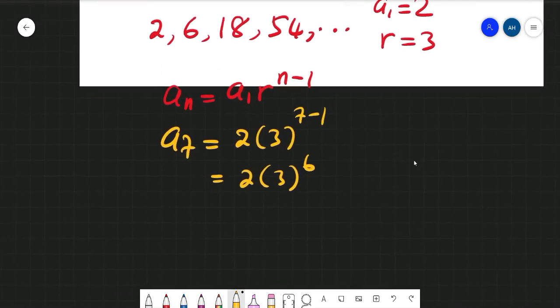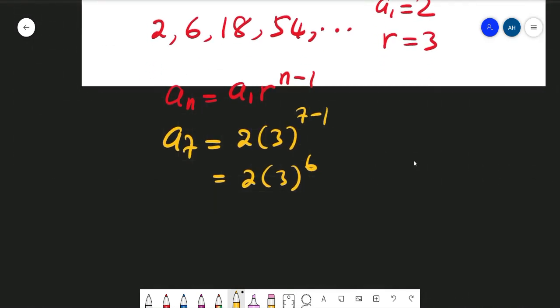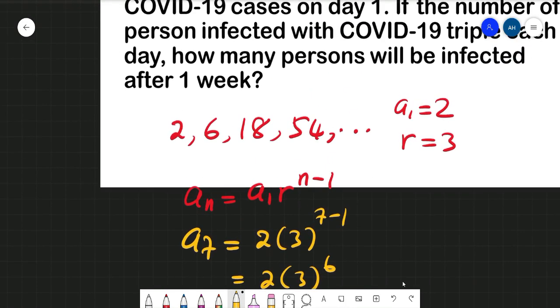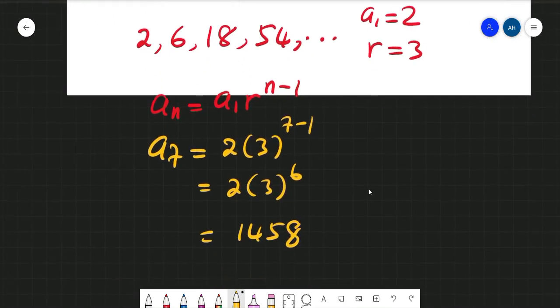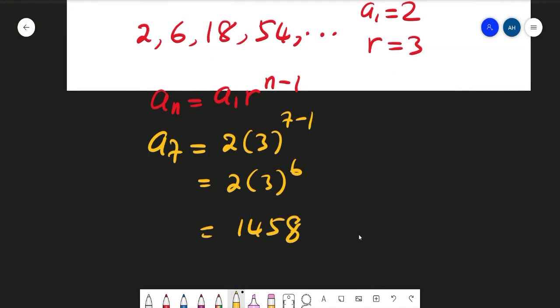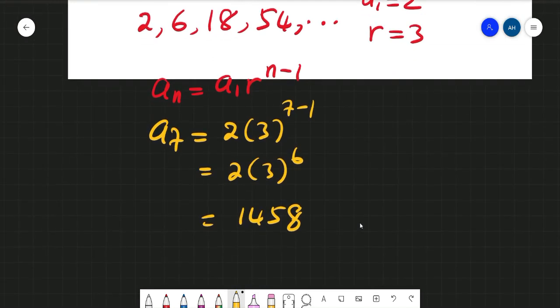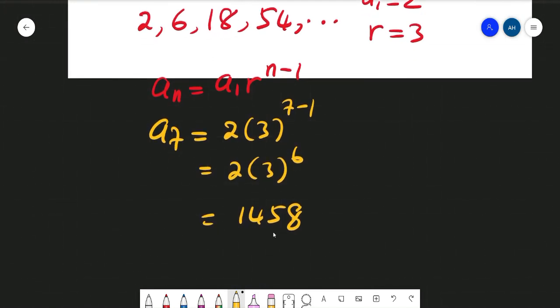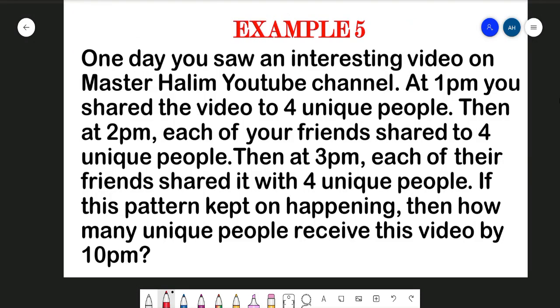This is equal to 1,458. So after 1 week, the number of persons infected by COVID-19 in that town is 1,458 persons.